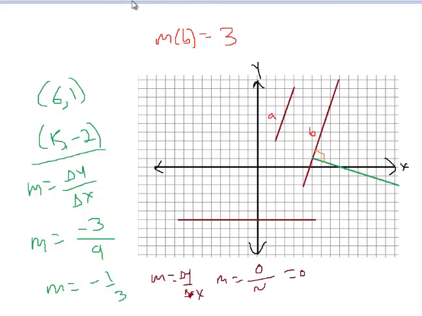What about the opposite? What about something that goes straight up and down? Well, it doesn't really have a slope because it's not moving right or left at all. It's not really a zero slope because you can't say that it's not changing. Let me write down here that this is a zero slope.